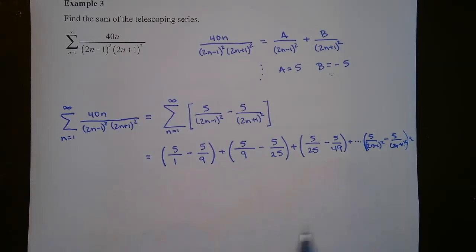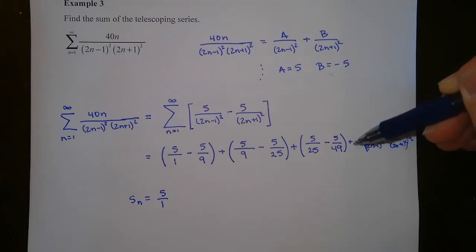And so at the end, if we went S sub n, the sum of the nth term, we would always have this first one, 5 over 1. Then this term right here, 5 over (2n minus 1) squared, will have canceled with the last one of the term before it.